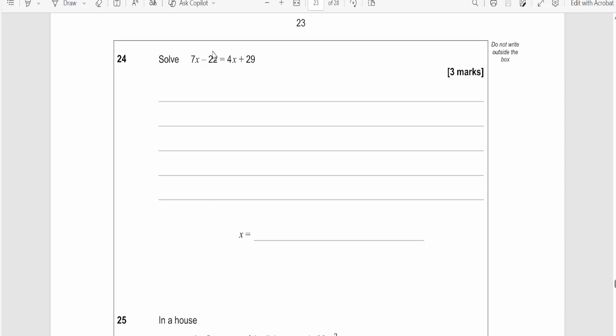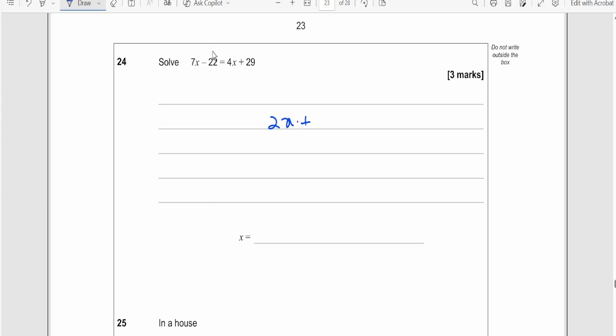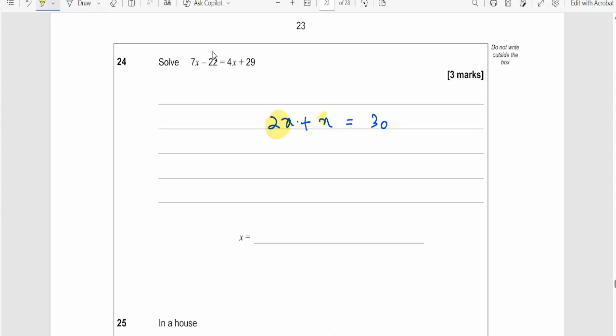Now, when we have like terms on one side, suppose we have 2x plus x is equal to 30. So first we add these like terms. These are called like terms because this term has x and this term has x, so they both are like terms. Like terms means same variable.